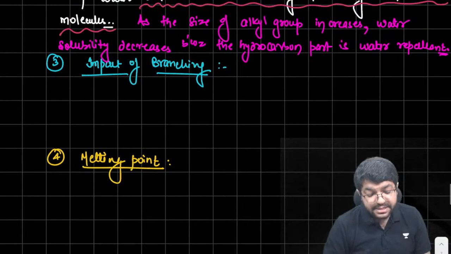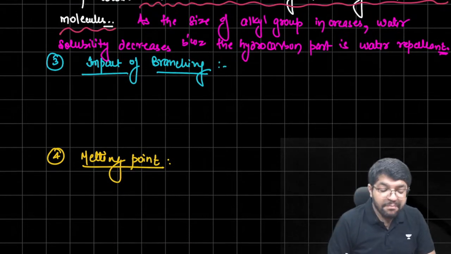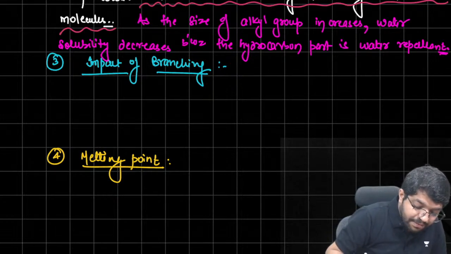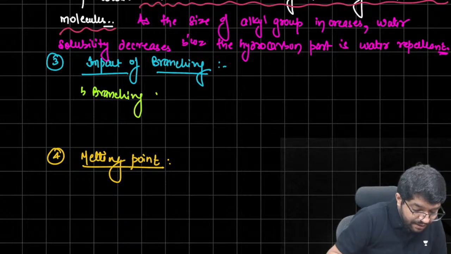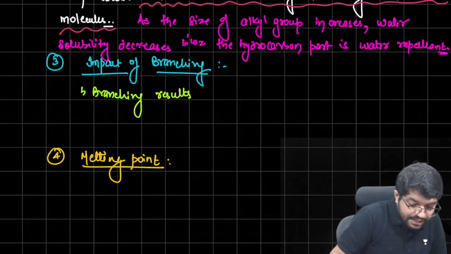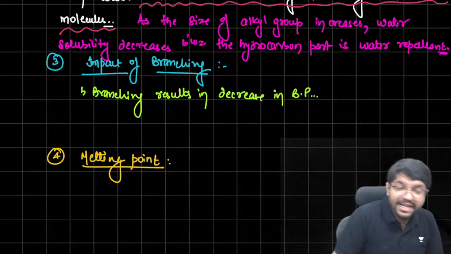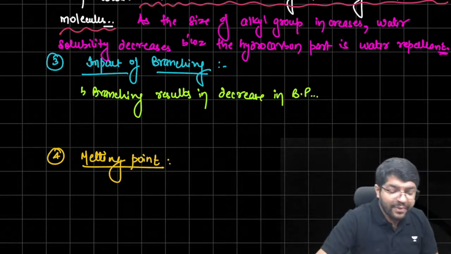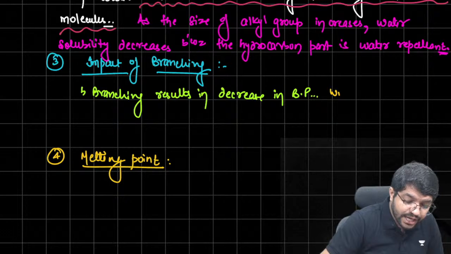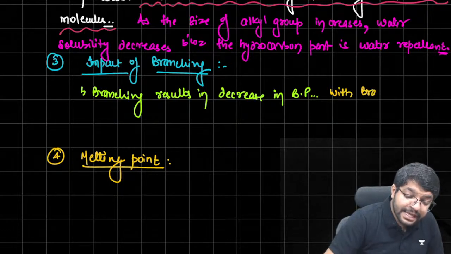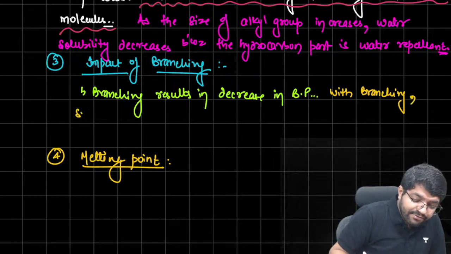Last but not the least, the impact of branching. Branching results in a decrease in boiling point. Why? Because with branching, the surface area of the molecule decreases.